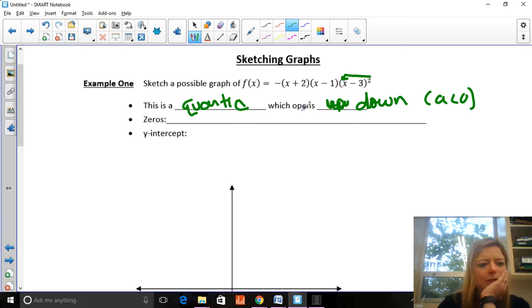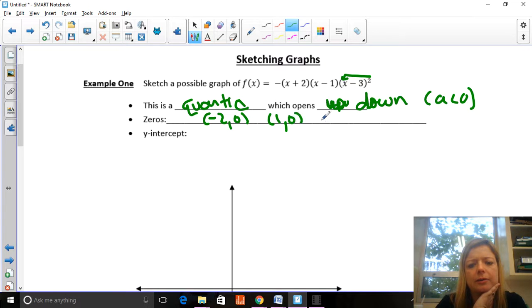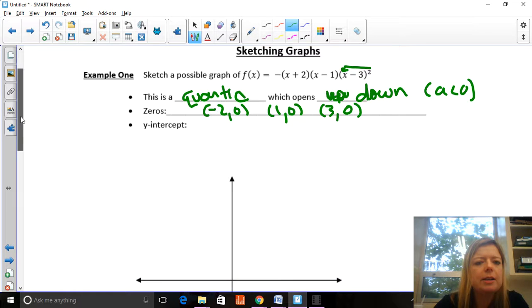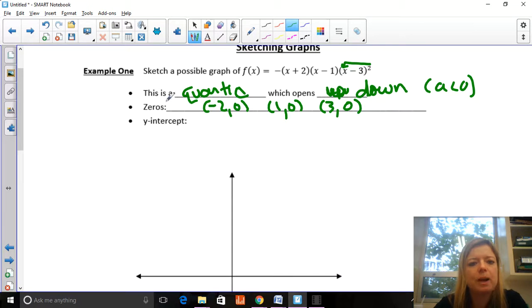The zeros are going to be (-2, 0), (1, 0), and (3, 0). Now, it's always useful to find the y-intercept as well. To find the y-intercept, you just find f(0), put 0 into the function, and you get 18 in this case.